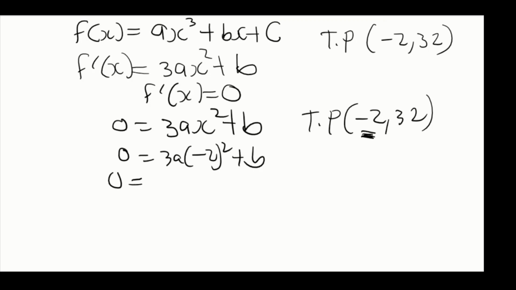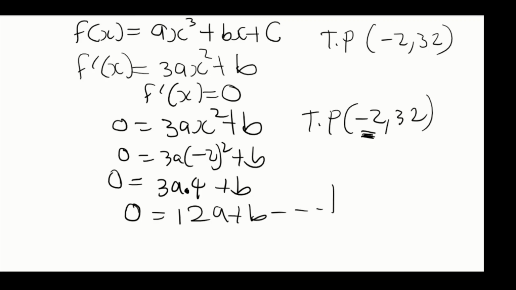So it's going to be 0 is equal to 3a multiplied by 4 plus b, so 0 is equal to 12a plus b. So this is going to be your equation 1 for this problem here.